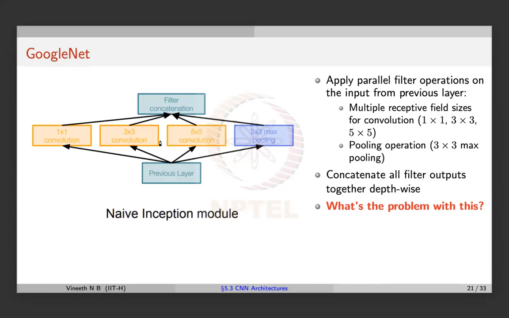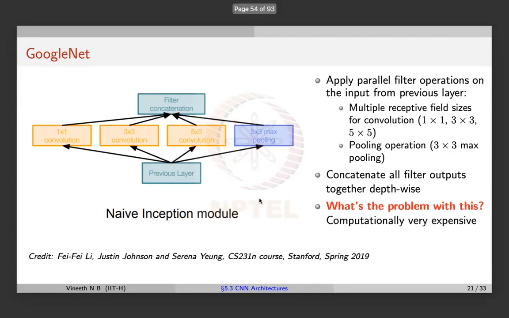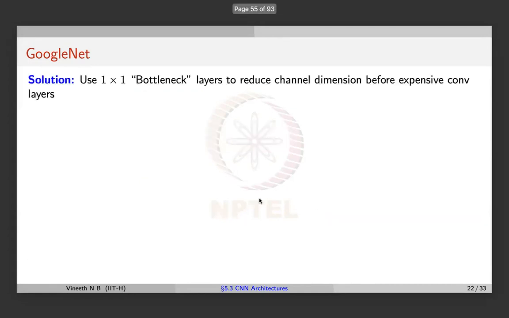Earlier we were only adding one size of filter. To tackle this problem, they introduced something called a 1 cross 1 bottleneck layer, or 1 cross 1 filters.